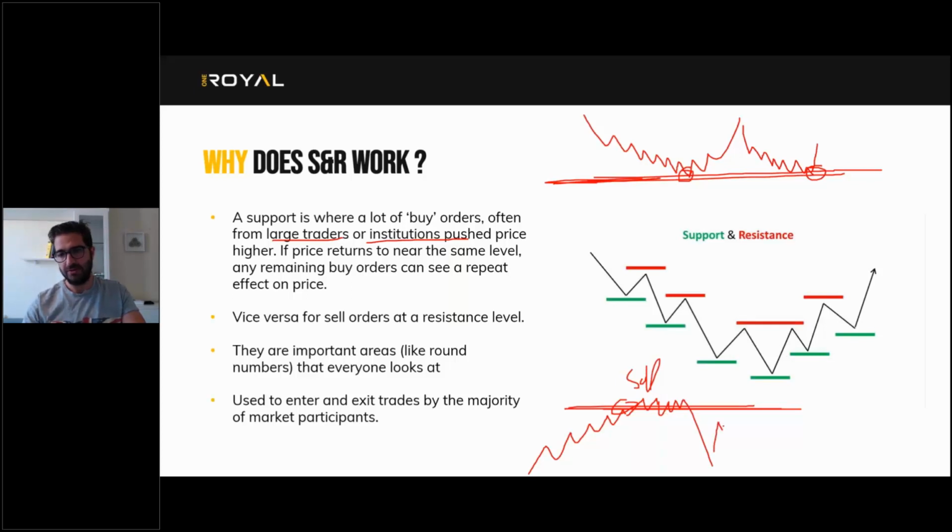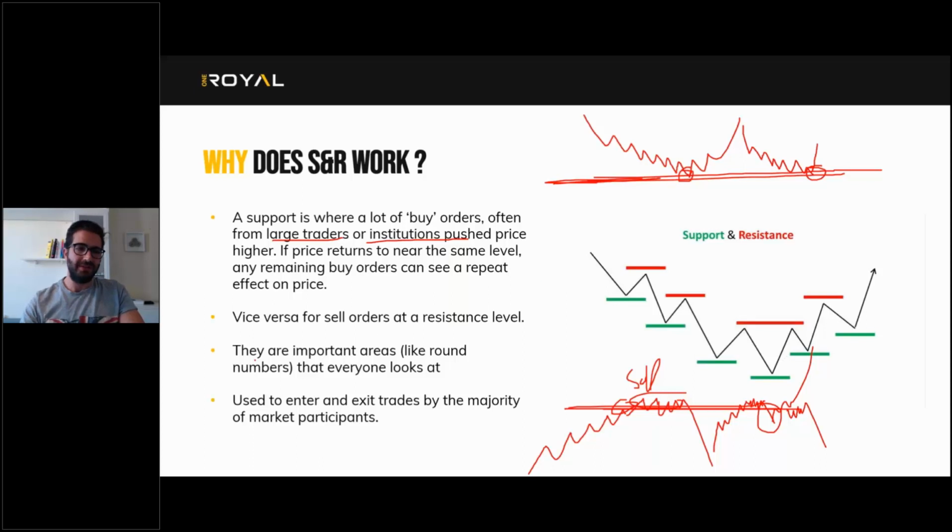So most probably when the market approaches it again, it will behave similarly, maybe a move to the downside, or at least a correction, and then the market goes to the upside. At least you will see a correction or maybe a reversal.